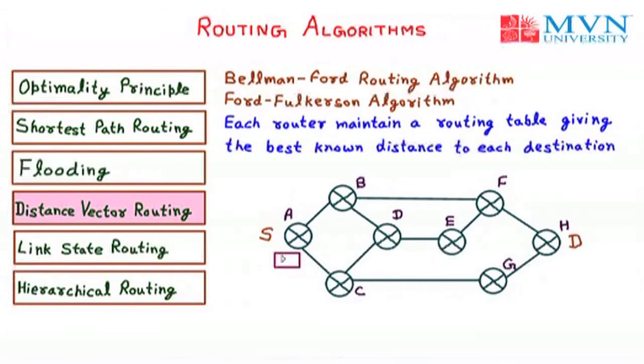Here RT stands for routing table. A has its routing table, and similarly B, C, D, E, F, G and H each have their own.